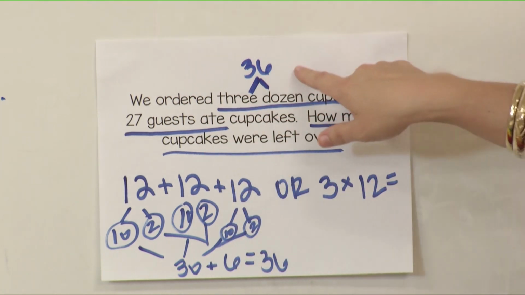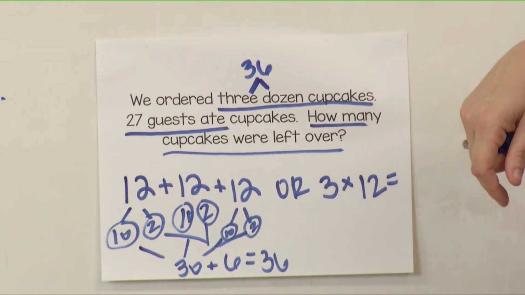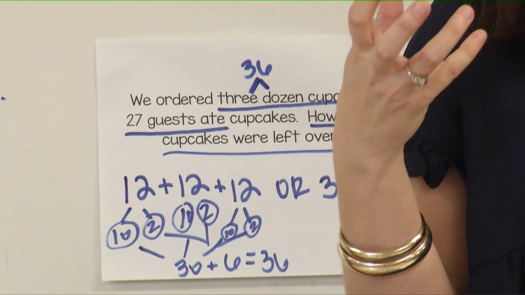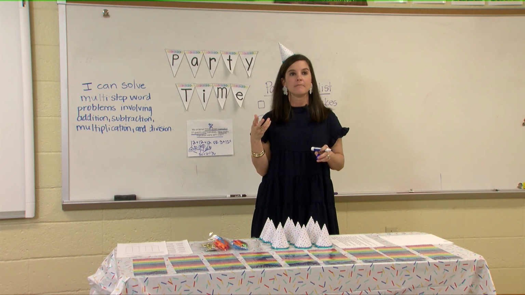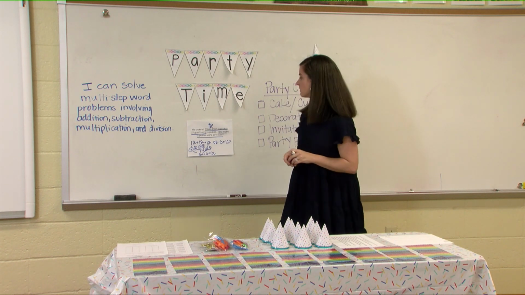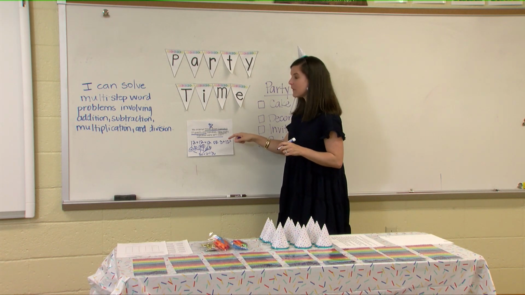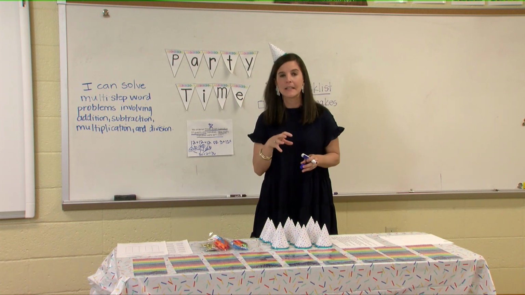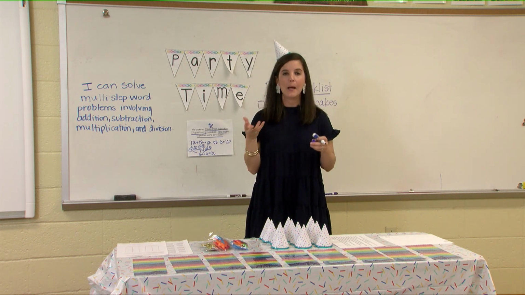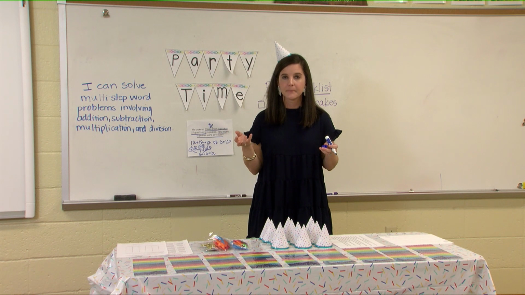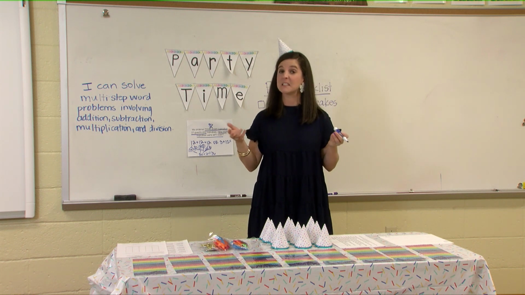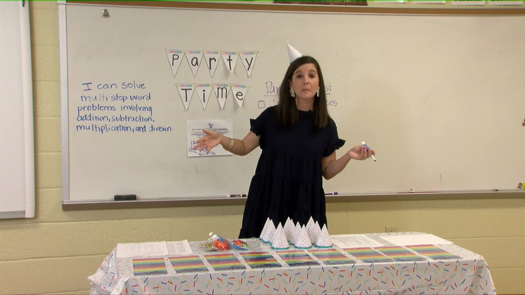All right, so now that I know how many cupcakes we have, if 27 guests eat my cupcakes, then how many are going to be left over? Well, if someone eats something, what's happening to them? Are we getting more? Are we taking some away? Are we dividing them up?